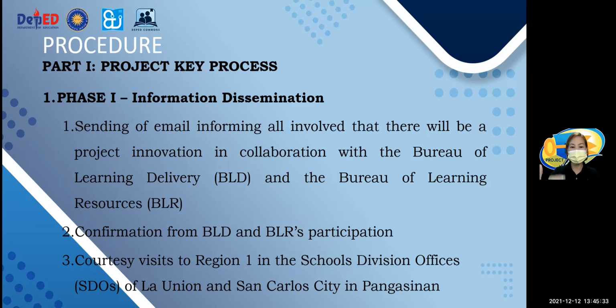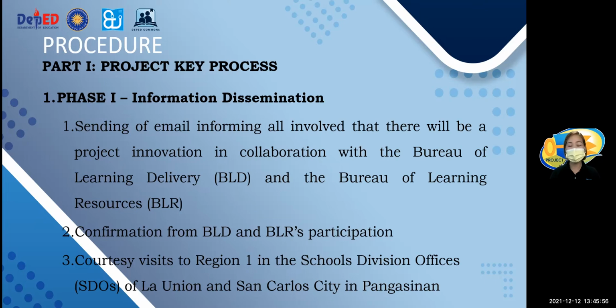These are the procedures for the first one. For the project process, we have Phase 1, information dissemination. In our information dissemination, we all know that the EdTech unit is a combination of an academic one, meaning it's more curriculum, and of course technology.